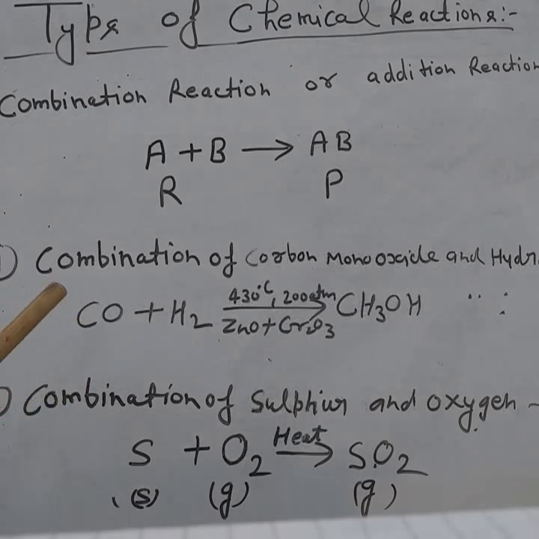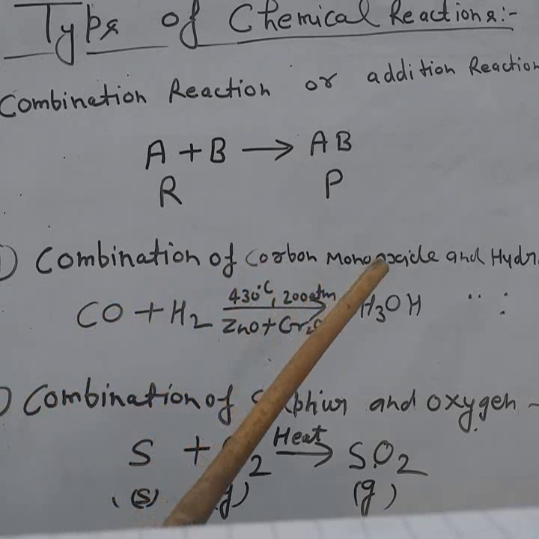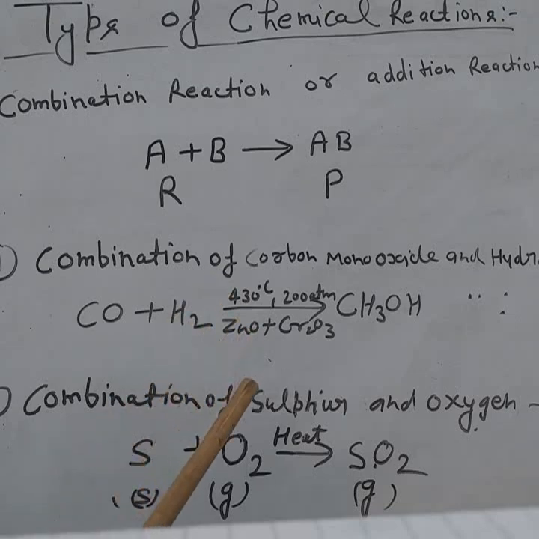Next is the combination of carbon monoxide and hydrogen. In this reaction, carbon monoxide and hydrogen react with each other and give CH3OH, methyl alcohol.